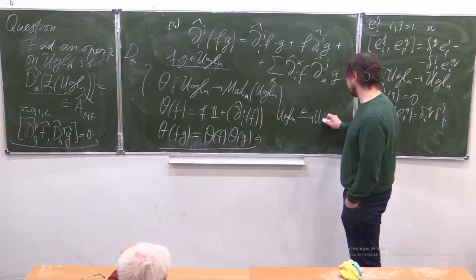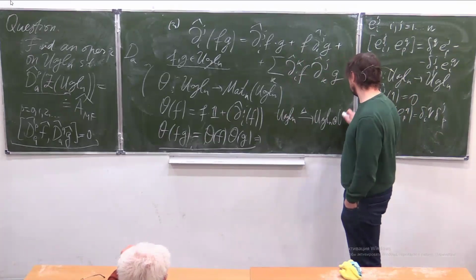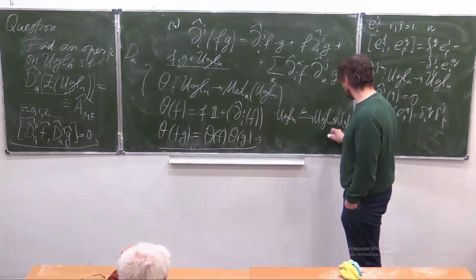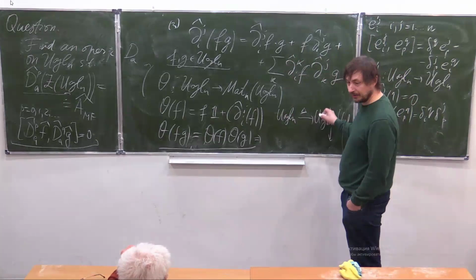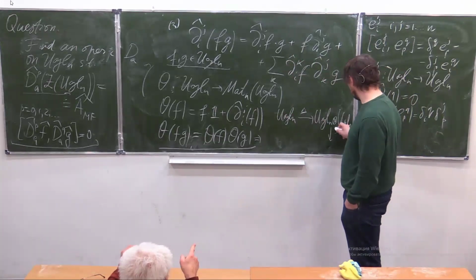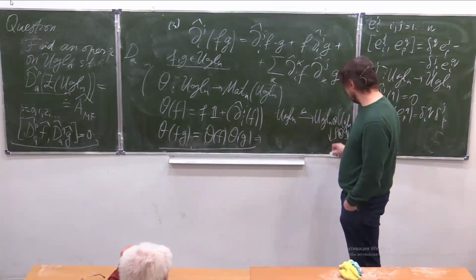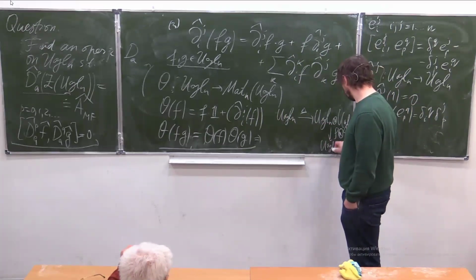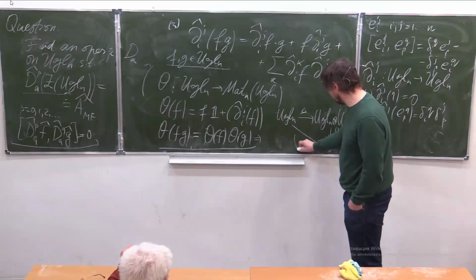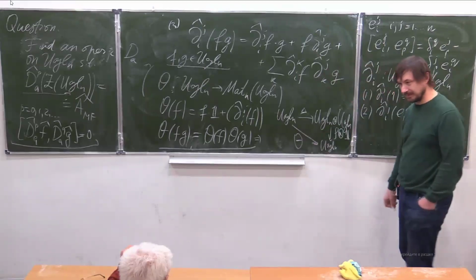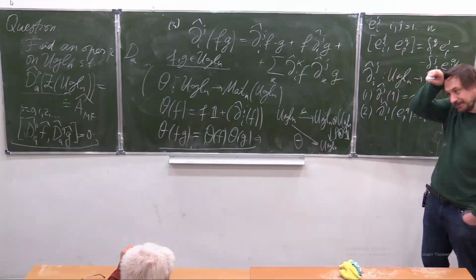It's very simple. And you take the tautological representation, on the left, and you get it here. And this will be precisely theta. Just this, very simple.